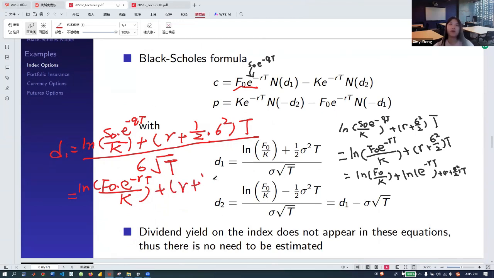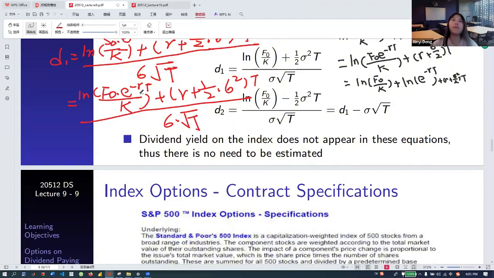Plus r plus 1/2 times sigma squared times T, then divided by sigma times square root of T. So here, if you separate this e to the power of minus RT out, this fraction, not really numerator, is going to be equal to ln F0 divided by K plus 1/2 times sigma squared times T, divided by sigma times square root of T.